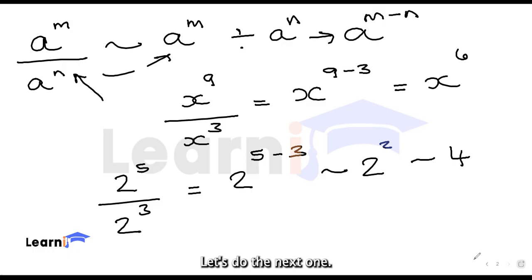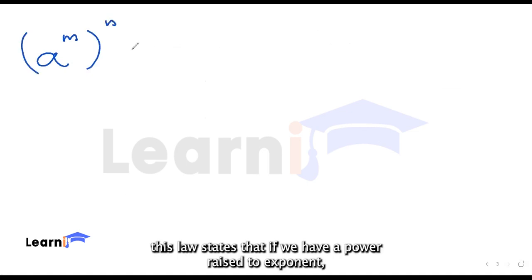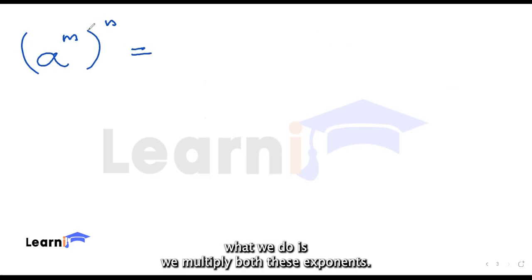Let's do the next one. The next exponent law is where we raise an exponent or a power to another exponent. So if I had a to the m and I raised it to the n, this law states that if we have a power raised to an exponent, we multiply both these exponents.